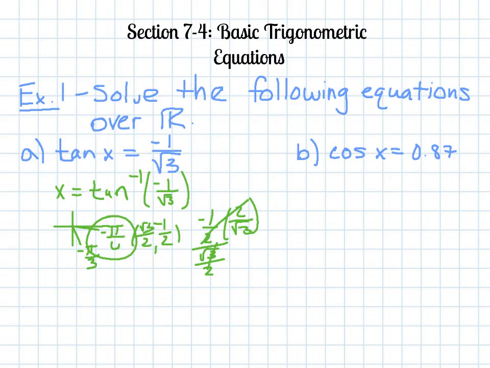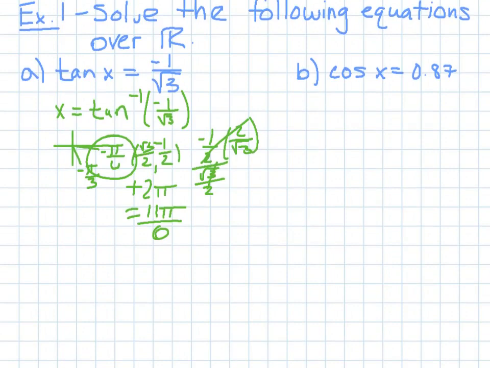But technically with all reals, it doesn't matter if it's between 0 and 2 pi, because negative pi over 6 is exactly the same as if I add 2 pi to this, which gets me 11 pi over 6. Now the other angle that would work is on the opposite side, in the second quadrant, I should say.